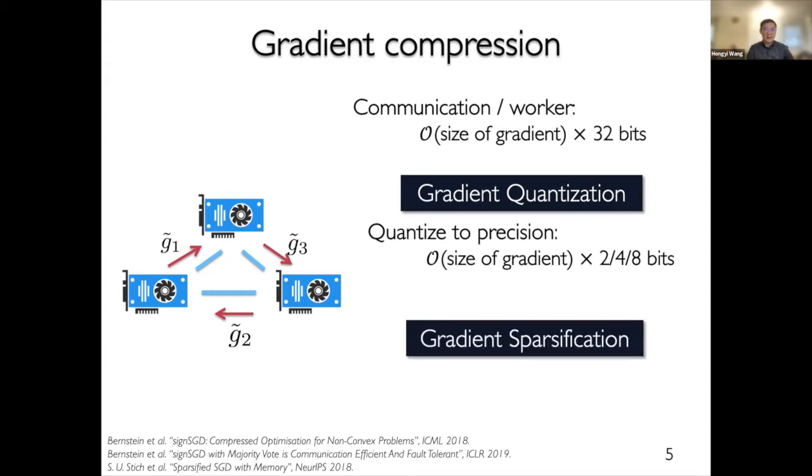Or sometimes we can sample the gradient elements so that we do not communicate all of them. Instead, we sample k important ones, or randomly sample k gradient elements among the entire gradient computed by each worker node.